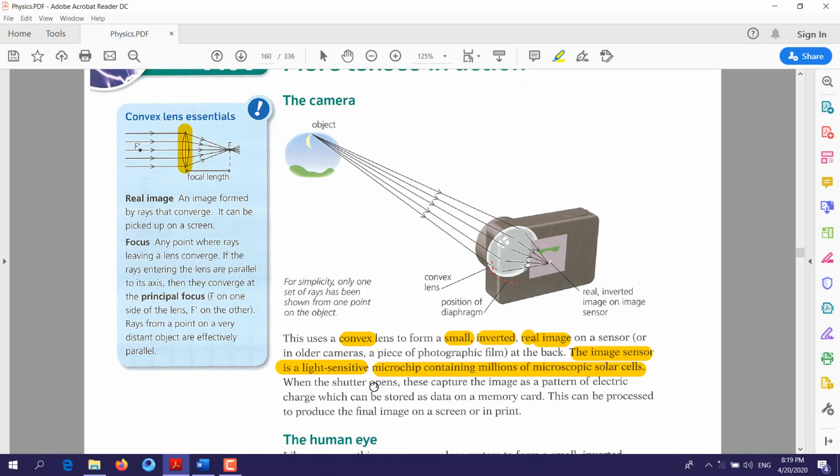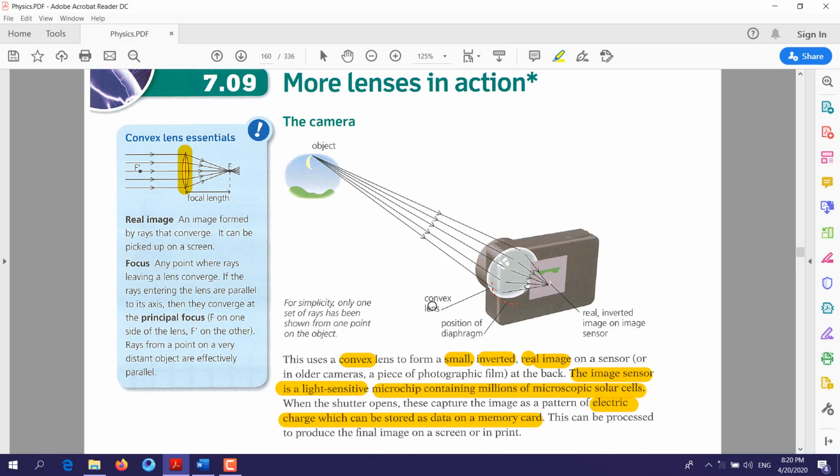When the shutter opens, this captures the image as a pattern of electric charge, which can be stored as data on a memory card. So here is the first use of convex lenses.